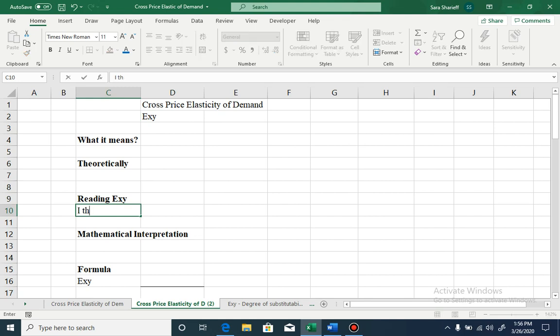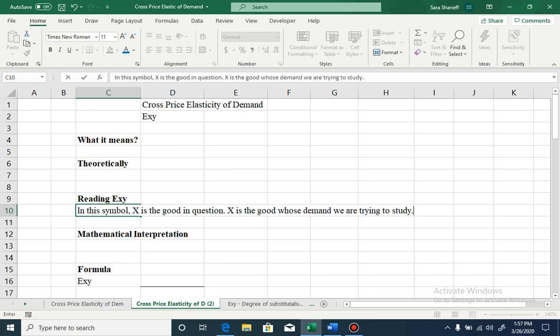In this symbol, X is the good in question, right? X is the good whose demand we are trying to study. Y is the related good which is experiencing a change in price.